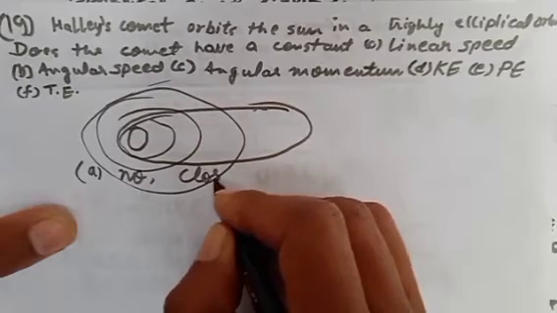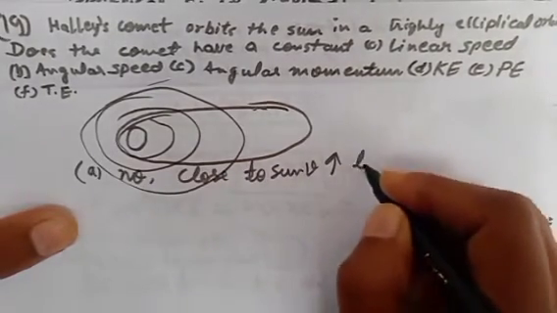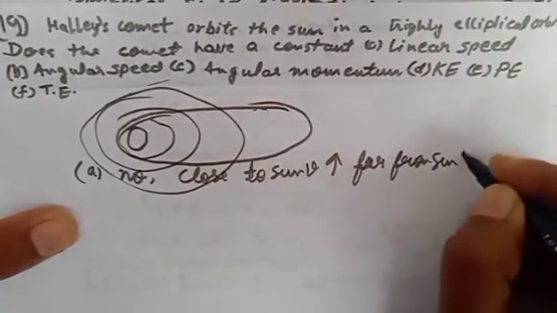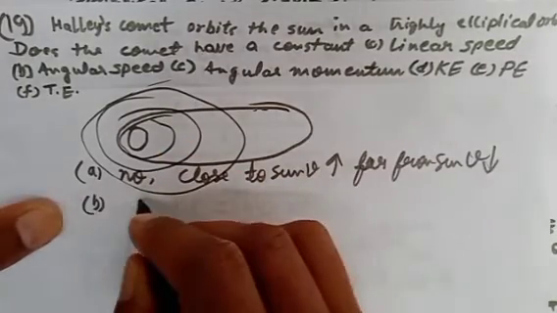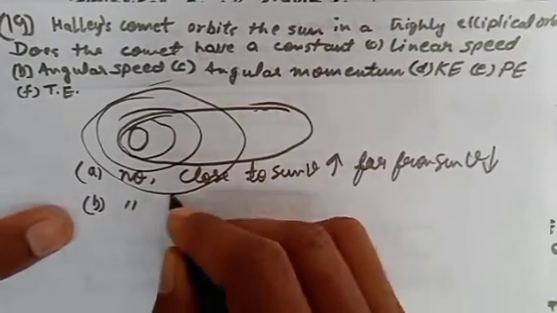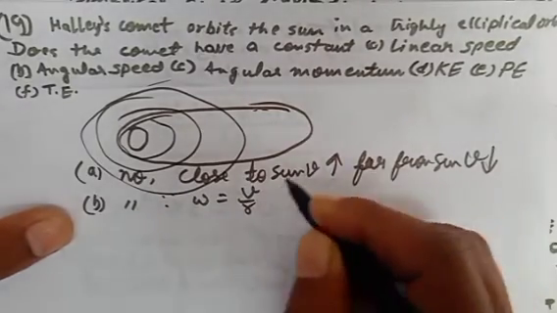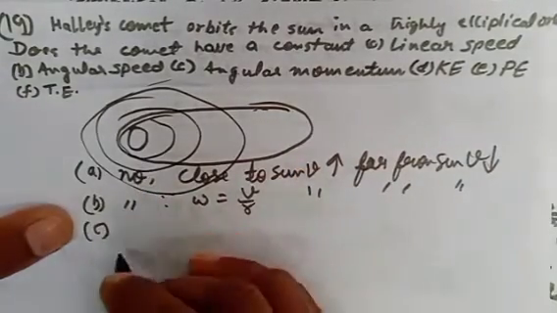Close to the Sun, V is high. Far from the Sun, V is low. Angular speed, we know that no, since omega equals V by R. Angular momentum, I'm not going into it right now.